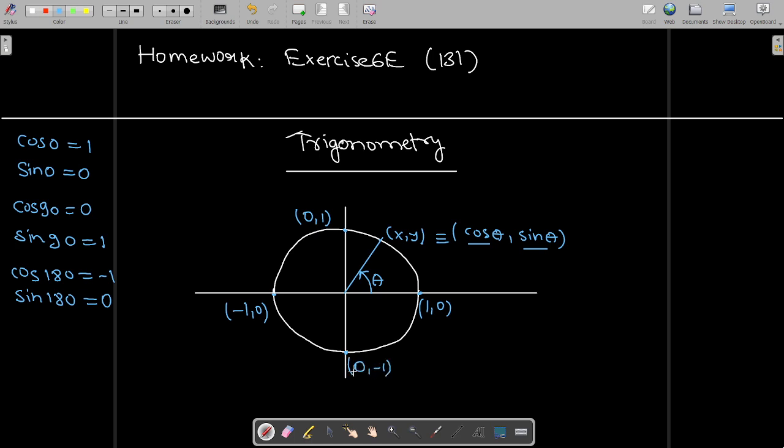So what is cos 270 and what is sin 270? Cos 270 is 0. And sine 270 is minus 1.